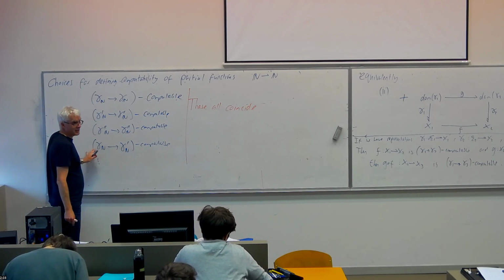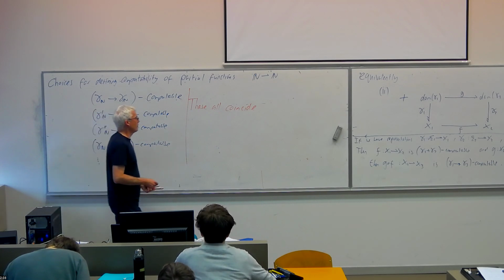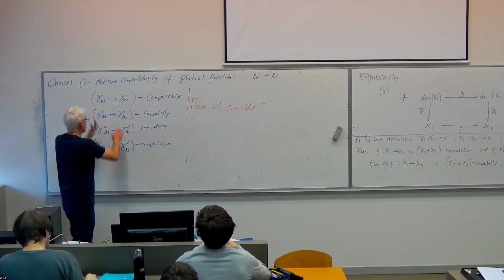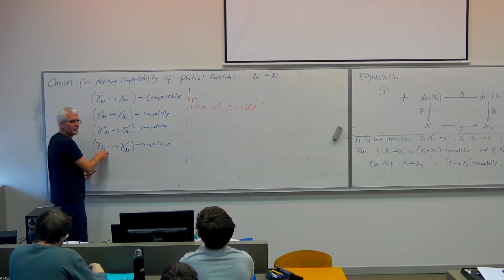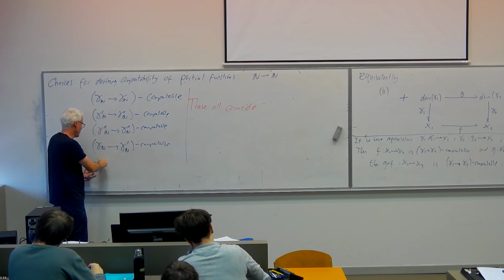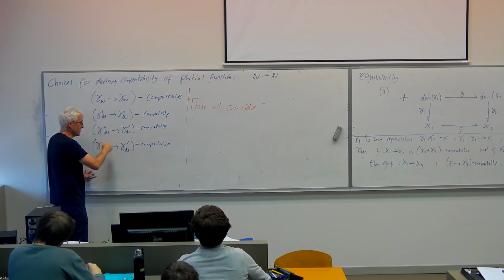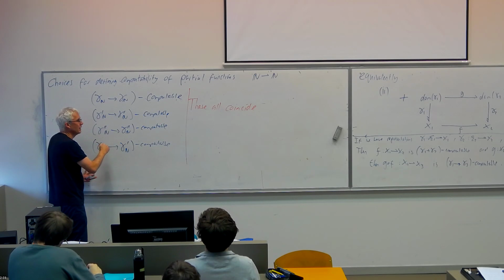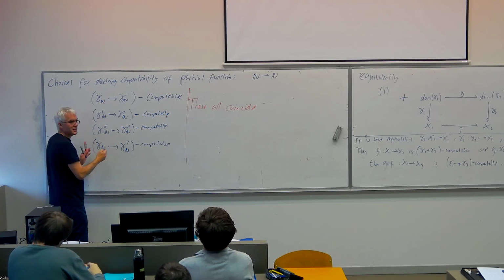And why is that? Well, they coincide for a reason, and you don't need to think about the functions. The equivalence of the notion of computability of functions is going to be a consequence of a simpler property, which is that the representations themselves are equivalent.